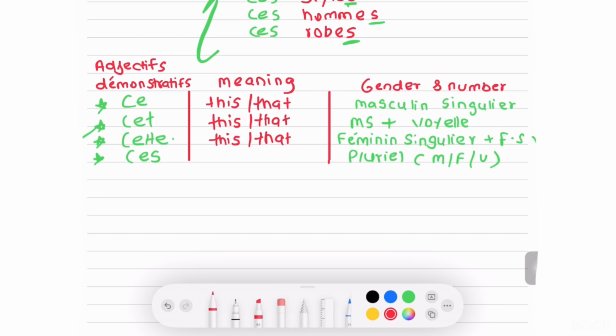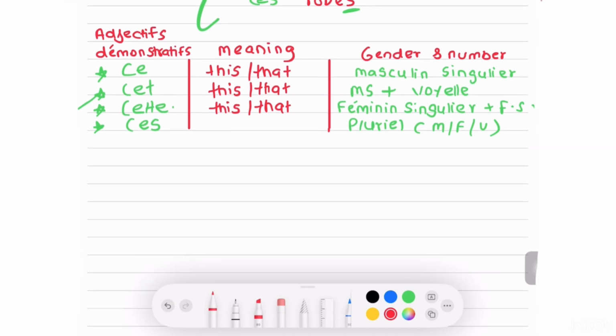So CE can mean this or that. Same way, CET can also mean this or that, and CETTE can also mean this or that. So we only have one word for both. Now CES, because we're talking about more than one object, means these or those.